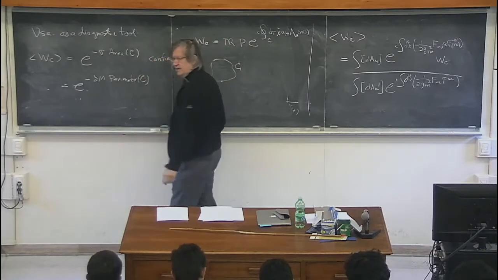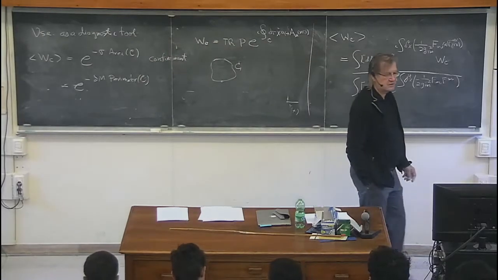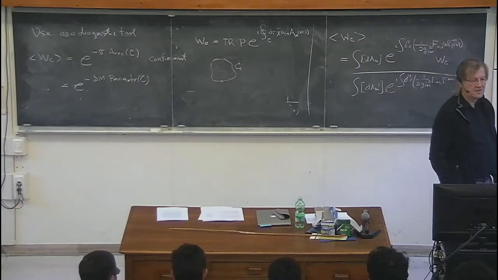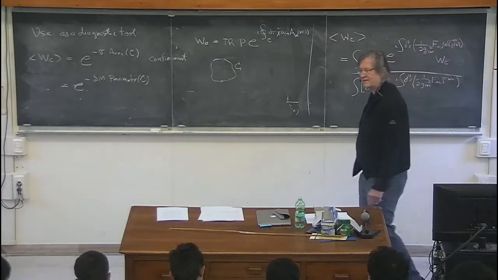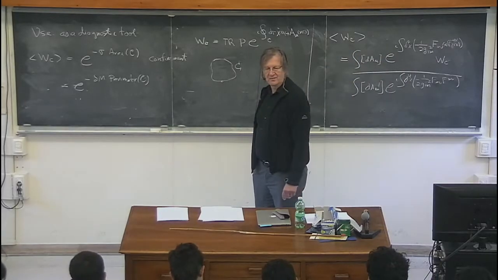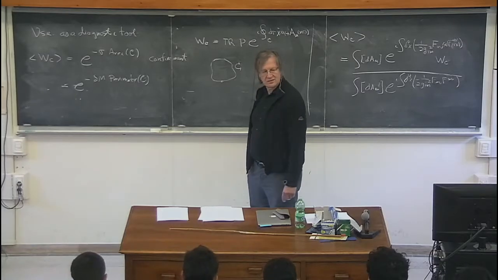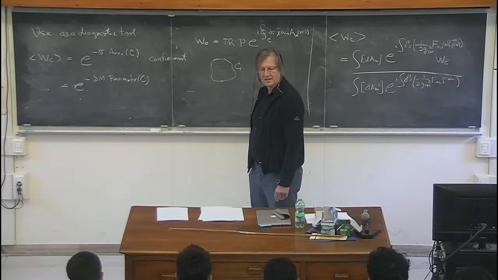This area scaling law. So back in the early days of the use of Yang-Mills theory for the strong interactions, which are supposed to be confining, this was taken as a diagnostic of the fact that Yang-Mills theory as used for the strong interactions based on SU(3) is confining.